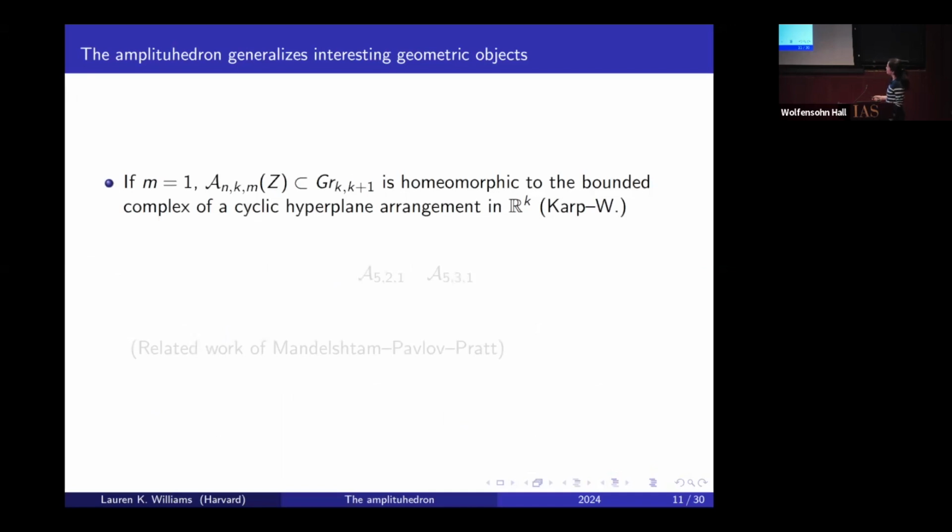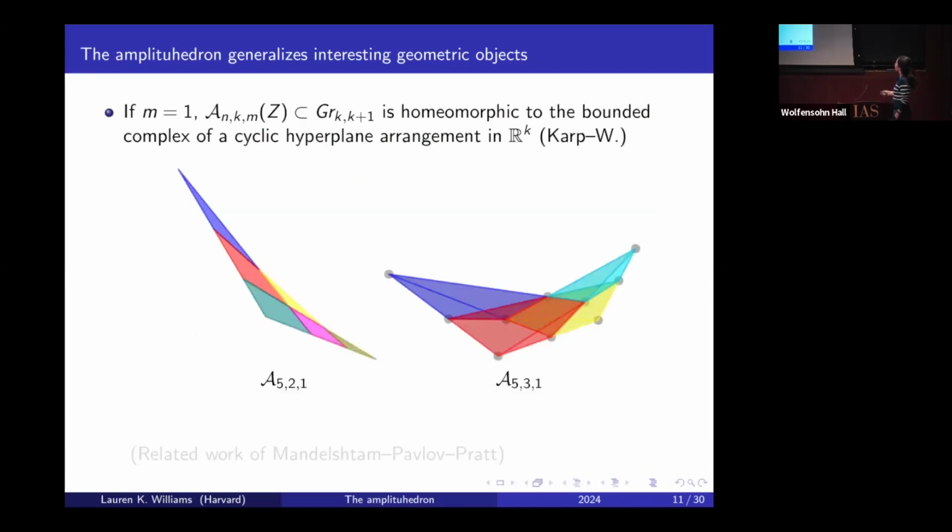Another nice example, if m is 1, then the amplituhedron is contained in the Grassmannian of k-planes in k plus 1 space. And this turns out to be homeomorphic to the bounded complex of a cyclic hyperplane arrangement in RK. So that was something that we studied in a paper with Steven Karp in 2016 or 17.